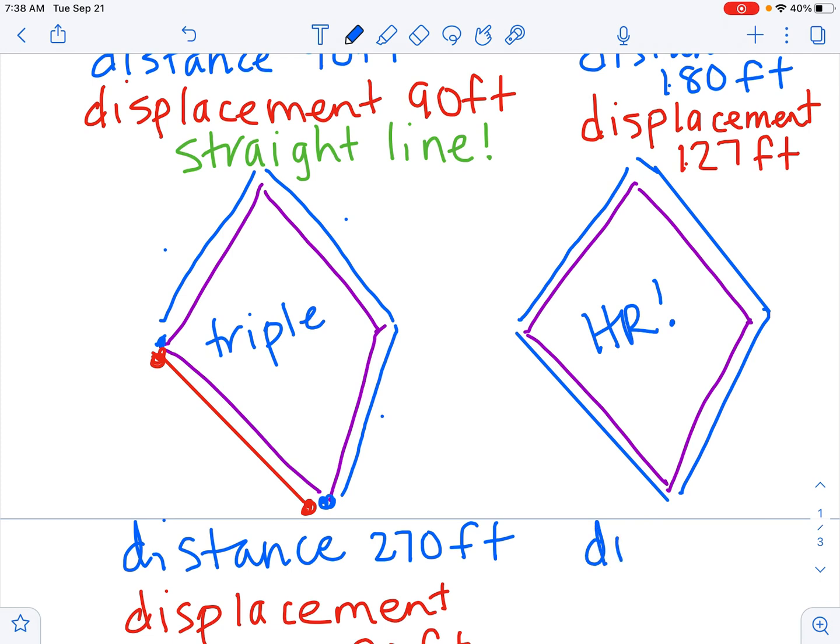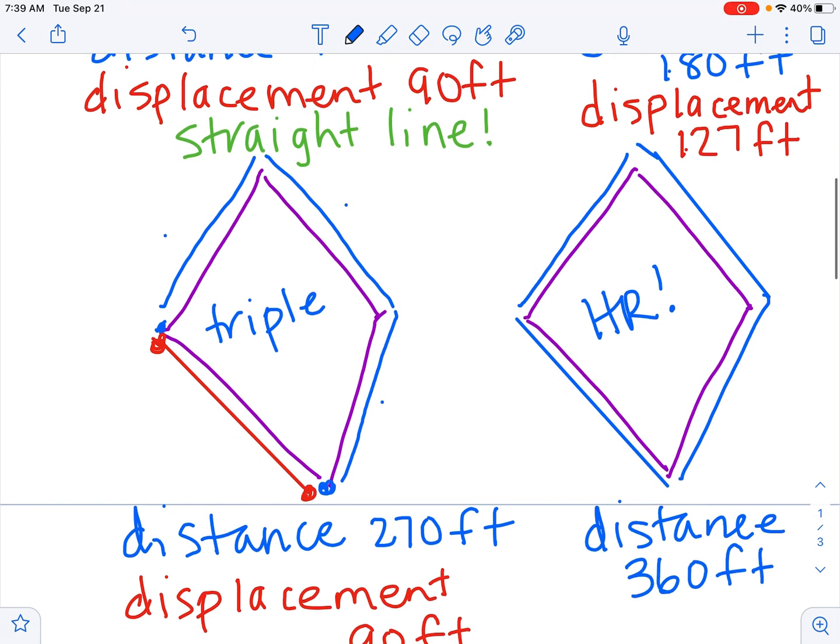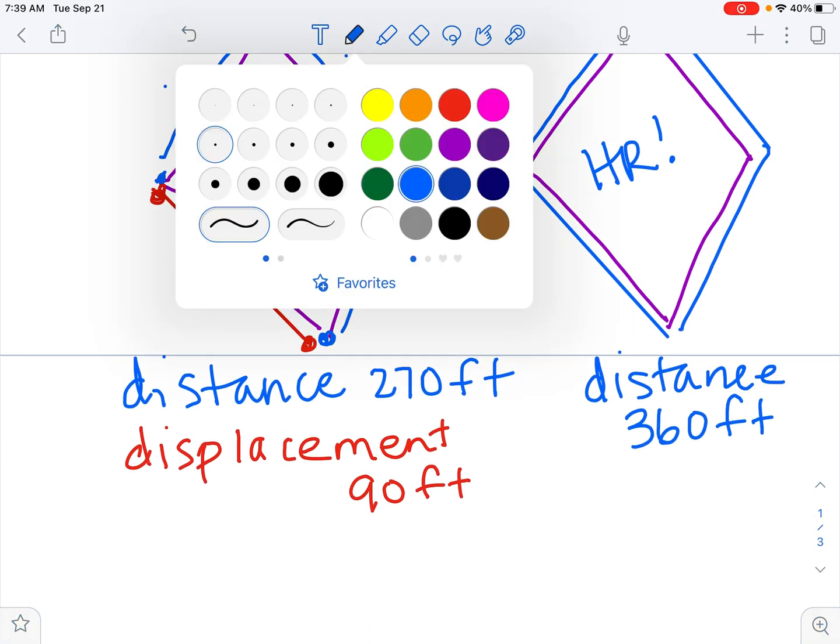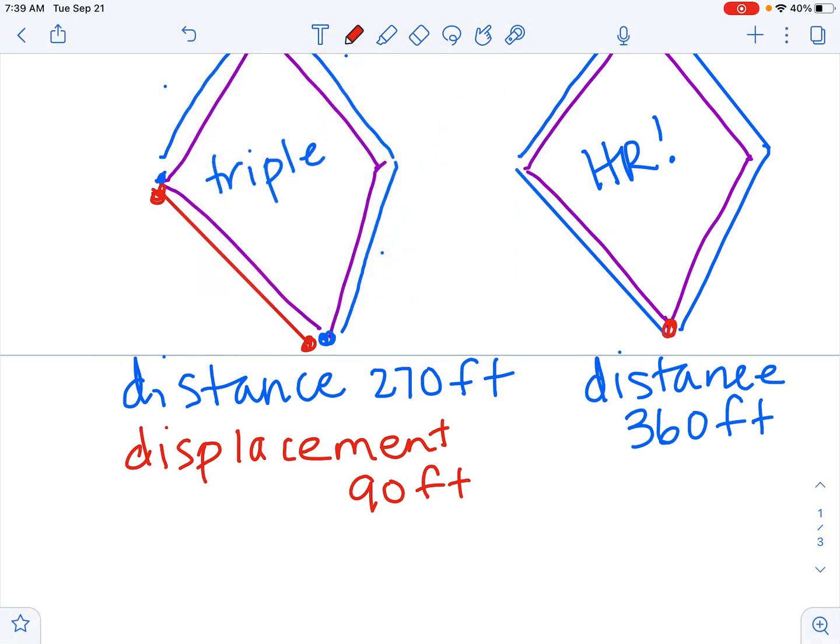Okay, so the distance our batter ran was 90, 180, 270, 360 feet. Now, what about our displacement? This is where our batter started, and this is also where our batter ended. So our displacement is going to be what? It's going to be 0.